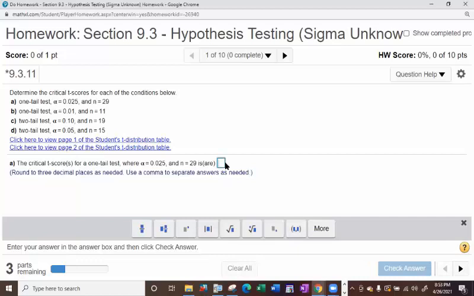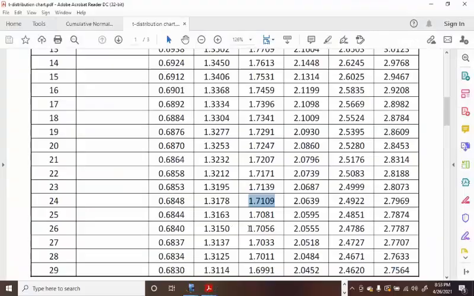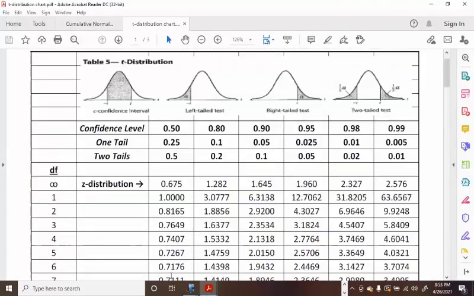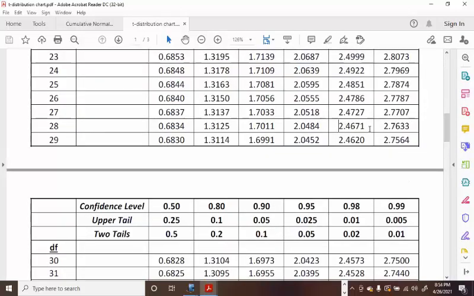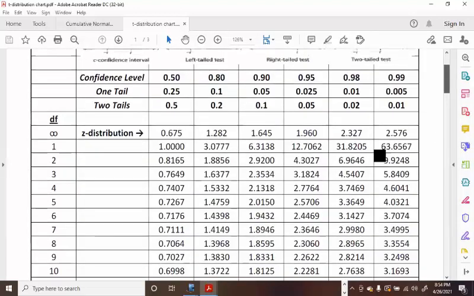Let's see if that's correct logic. Do I even have 0.025 on my chart? Oh, crap. The book chart's difficult to interpret. Oh, I do. Thank goodness. 0.025, 28 degrees of freedom. No, wrong column.